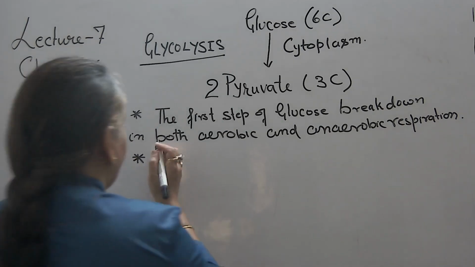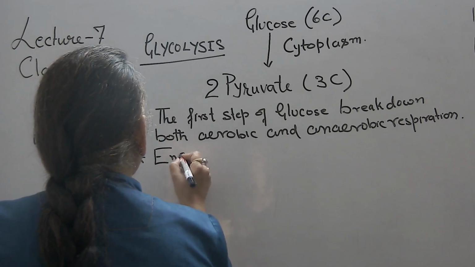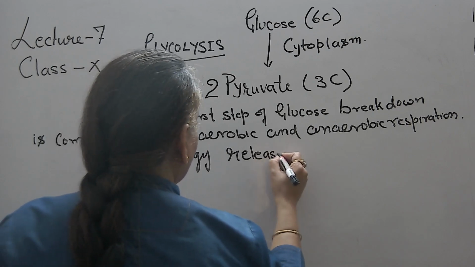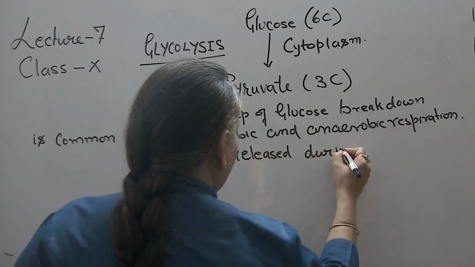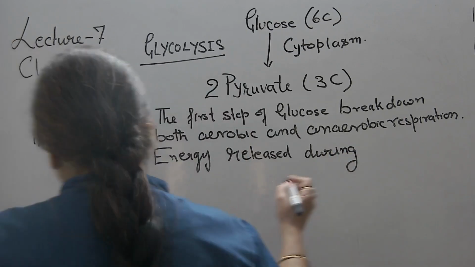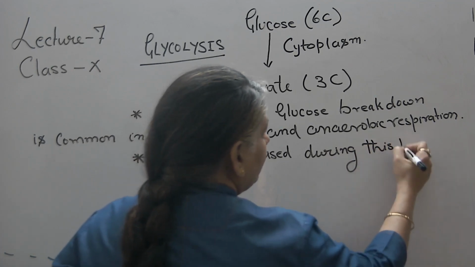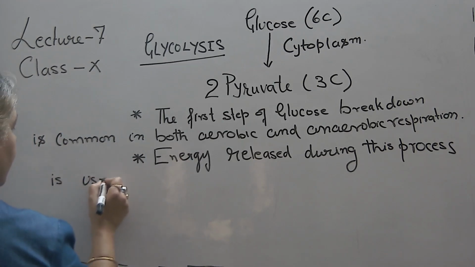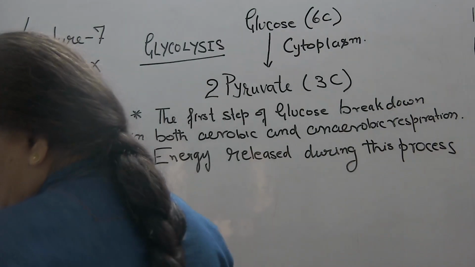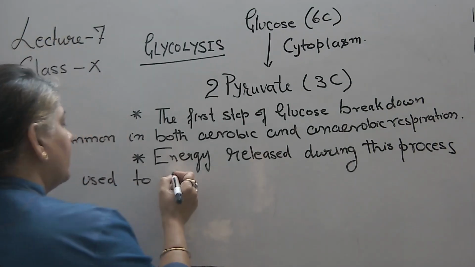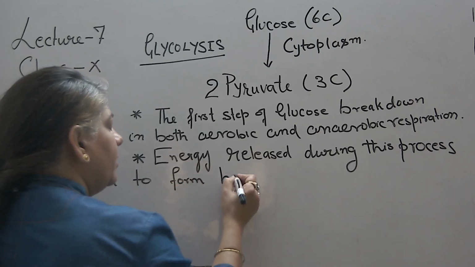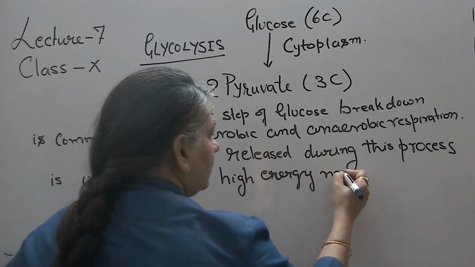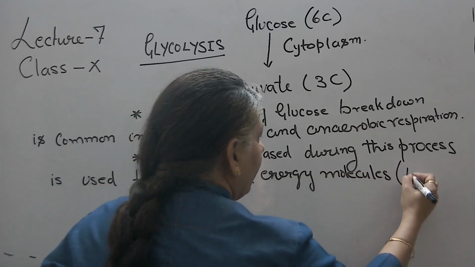So write down: the energy released during this process is used to form high energy molecules called ATP.